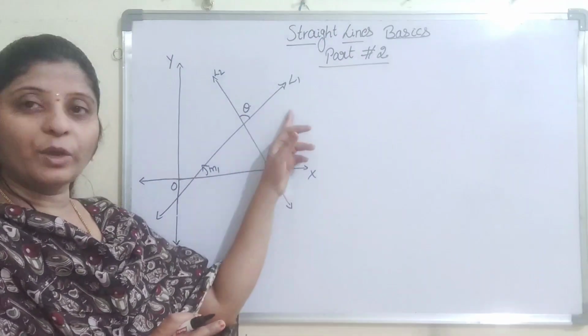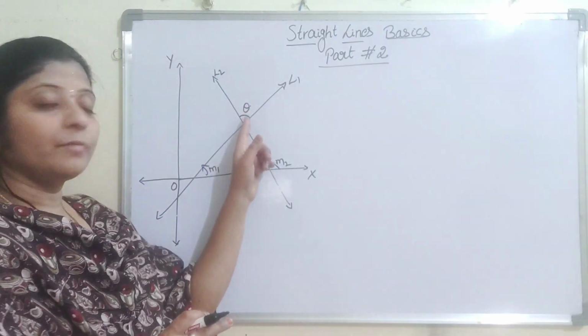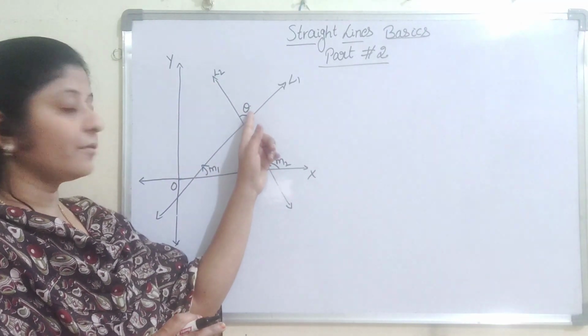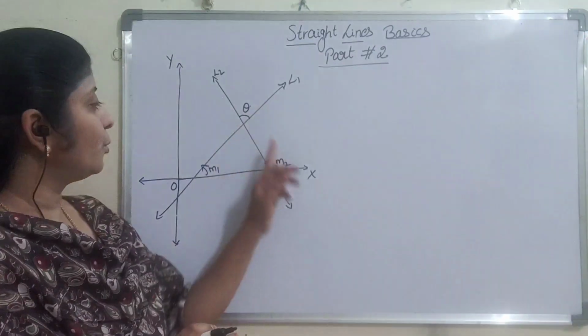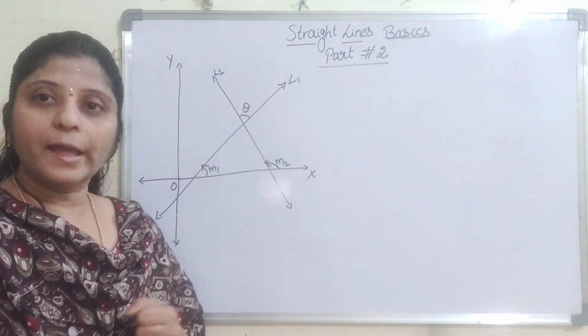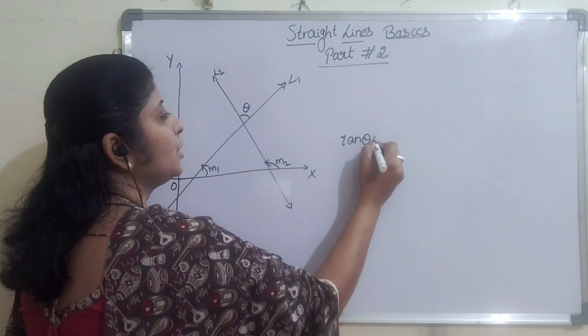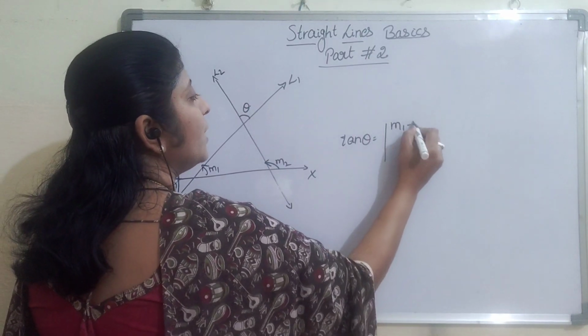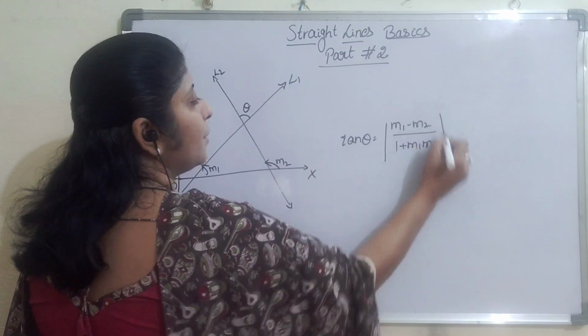If the angle between two lines which are non-parallel and non-perpendicular is theta, and L1 makes slope m1 and L2 makes slope m2 with the x-axis, then tan theta equals modulus of (m1 minus m2) by (1 plus m1 m2).